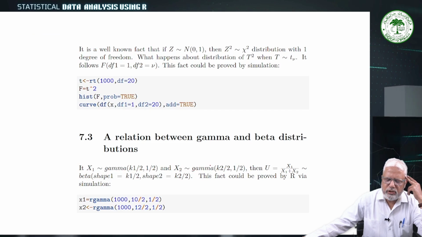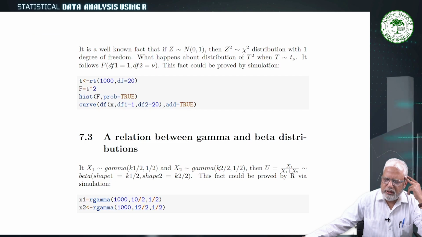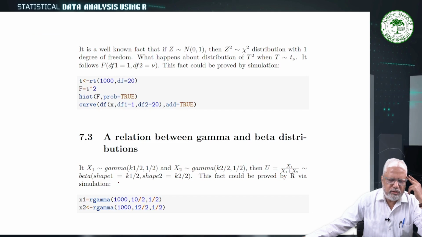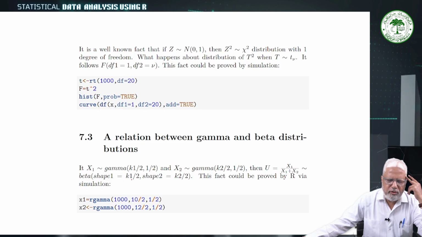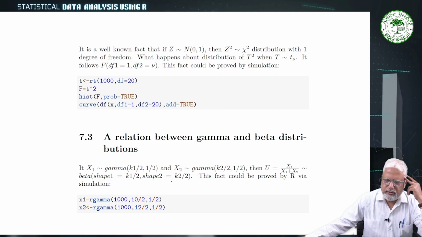And x2 follows also gamma with k2 by 2 and rate equal to half, so it is nothing but chi-square distribution with k2 degrees of freedom. Then u is equal to x1 by x1 plus x2 follows beta distribution with shape 1 equal to k1 by 2 and shape 2 equal to k2 by 2.